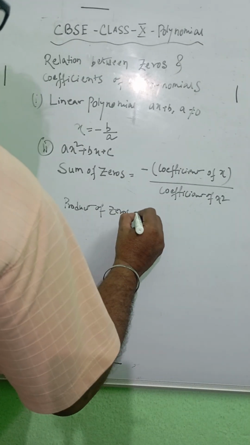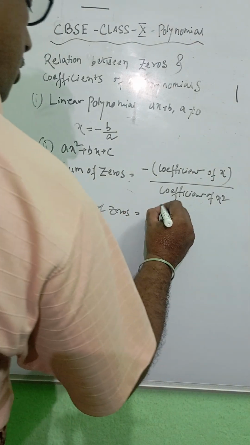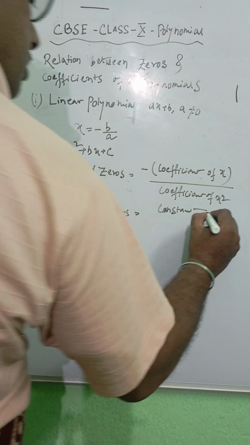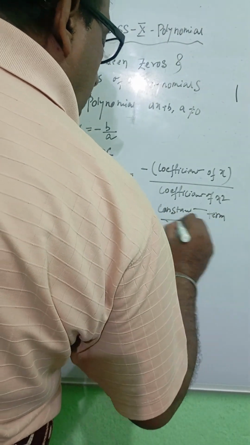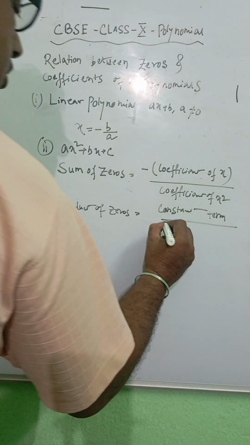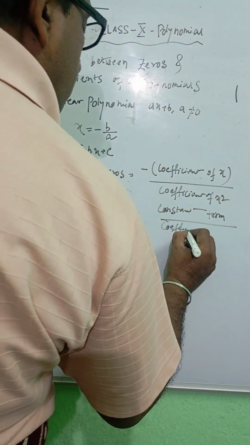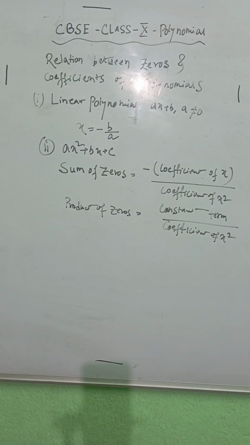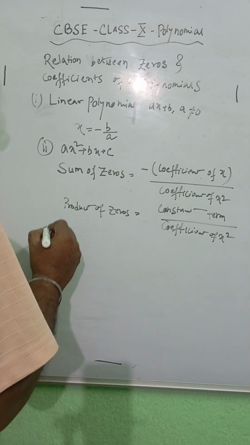And the product of zeros is equal to constant term by coefficient of x square. Now what are the coefficients?